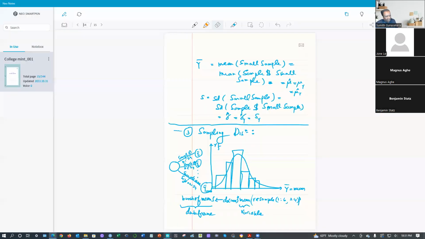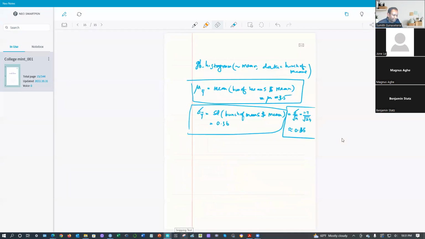What I'm trying to say here is, based on the sample, can I replace this one? Another way to look at it: I'm going to replace S over square root of n. S is how much? 1.8, and n is 24.